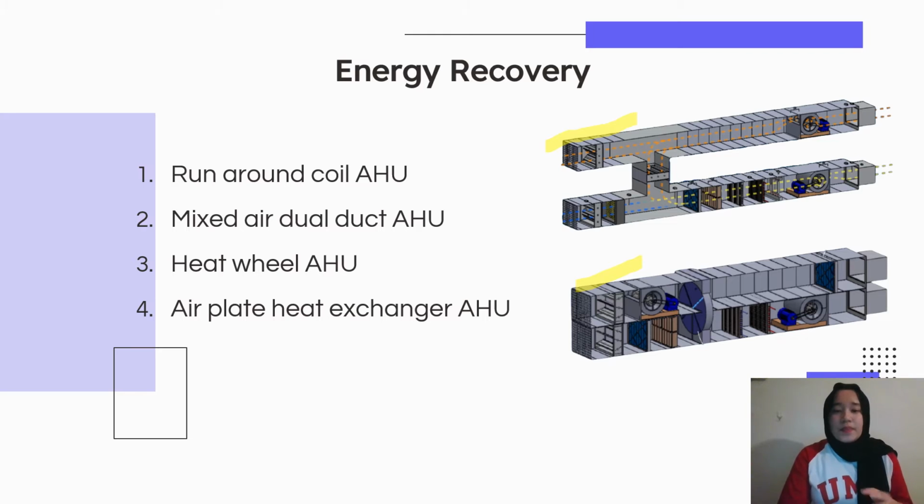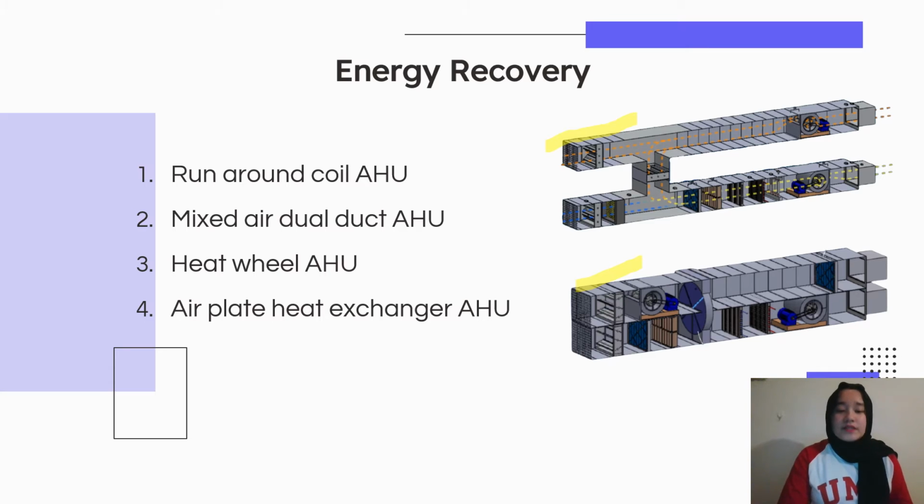As it spins, it picks up unwanted heat from the exhaust stream and absorbs it into the wheel materials. The wheel then rotates into the fresh air intake stream. It is beneficial, but some air will leak from the exhaust into the fresh air stream, so it is not applicable to all buildings. Maybe some parts of the building are applicable.